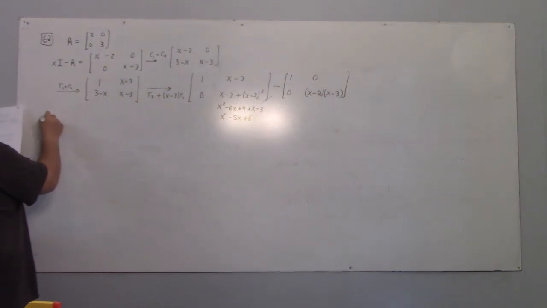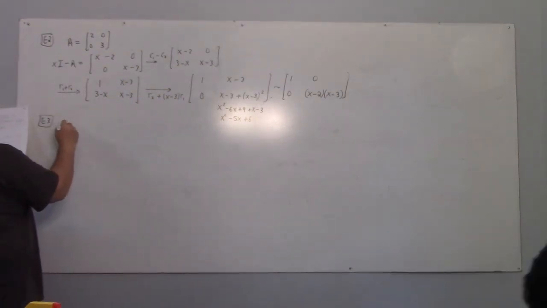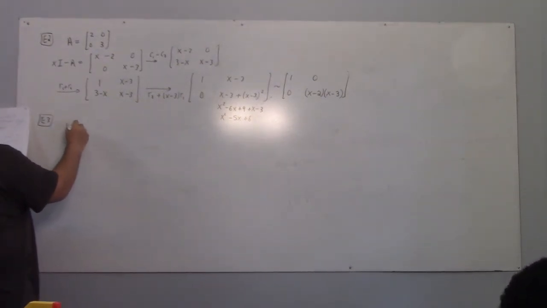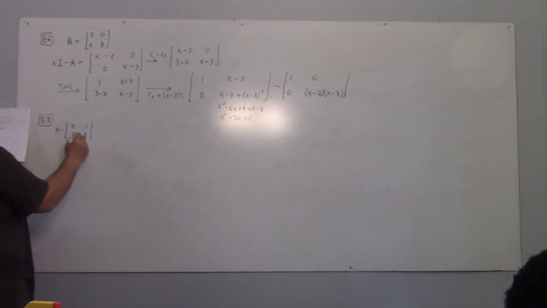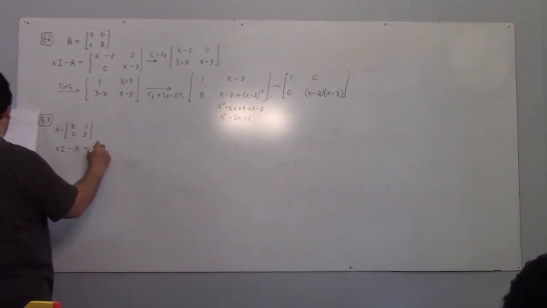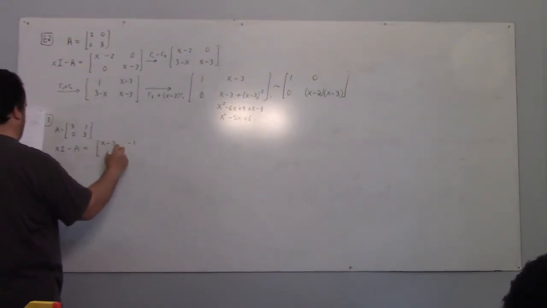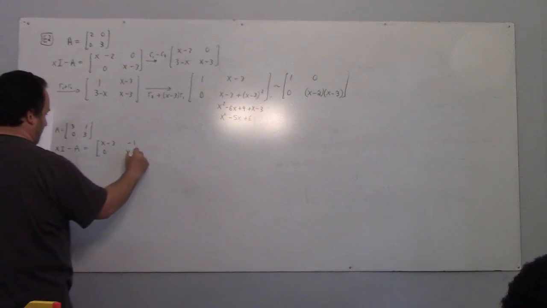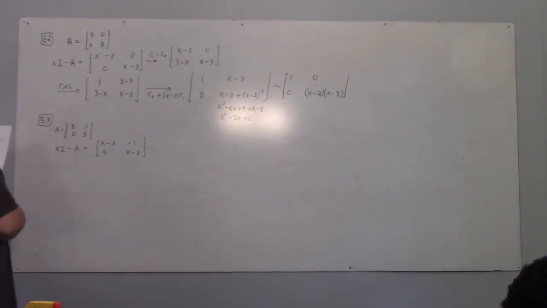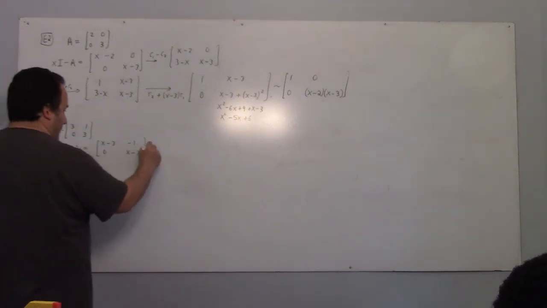Example 3. If I have 3, 1, 0, 3 for my A, that gives me xI minus A equal to x minus 3, minus 1, 0, x minus 3. So I flipped columns 1 and 2.